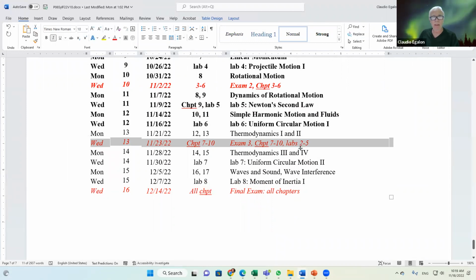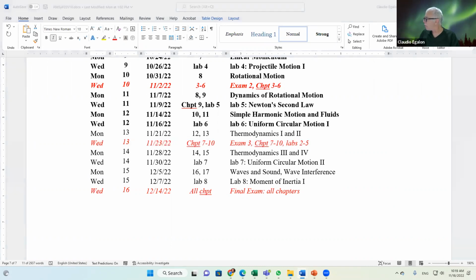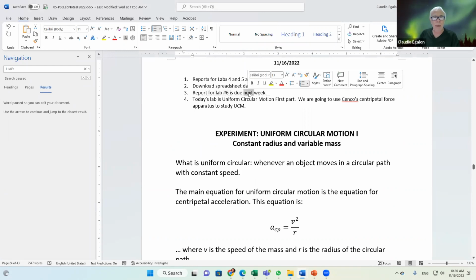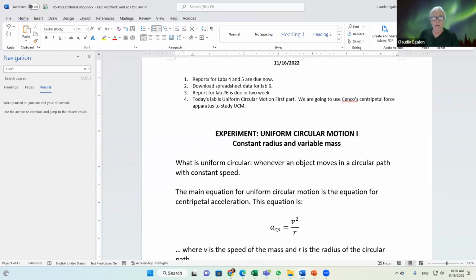Chapter 7 through 10, labs 2 through 5. So the report for lab number 6 is due in 2 weeks, since we are going to have an exam next week.